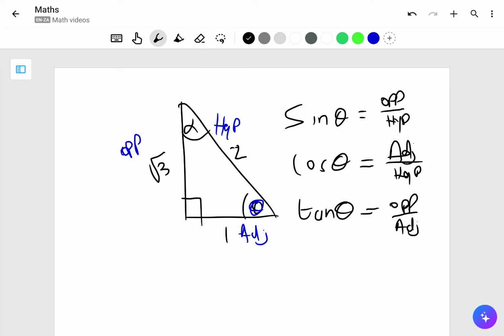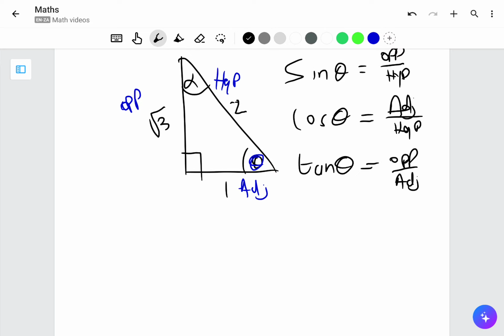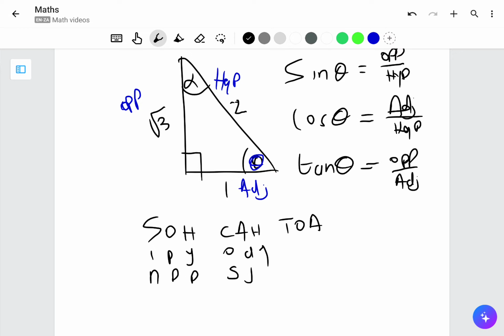So how do you remember this? They have created a saying, and the saying goes like this: SOH CAH TOA. This acronym reads sine is opposite over hypotenuse, cos is adjacent over hypotenuse, and tan is opposite over adjacent.